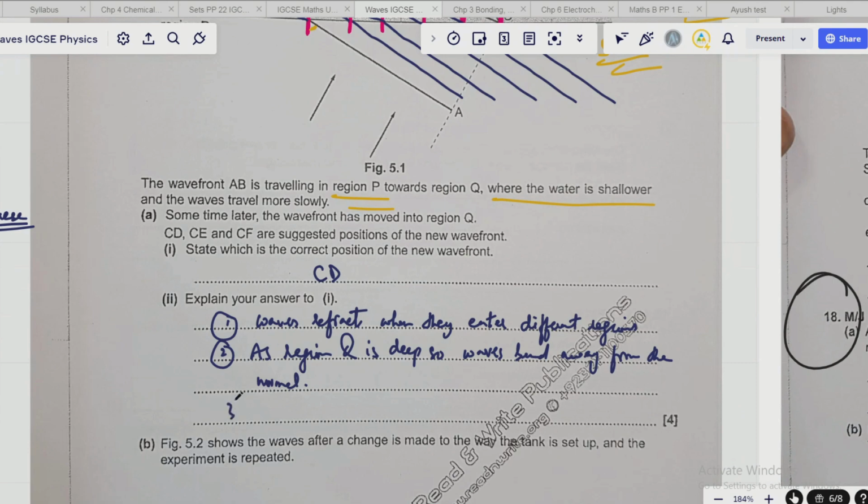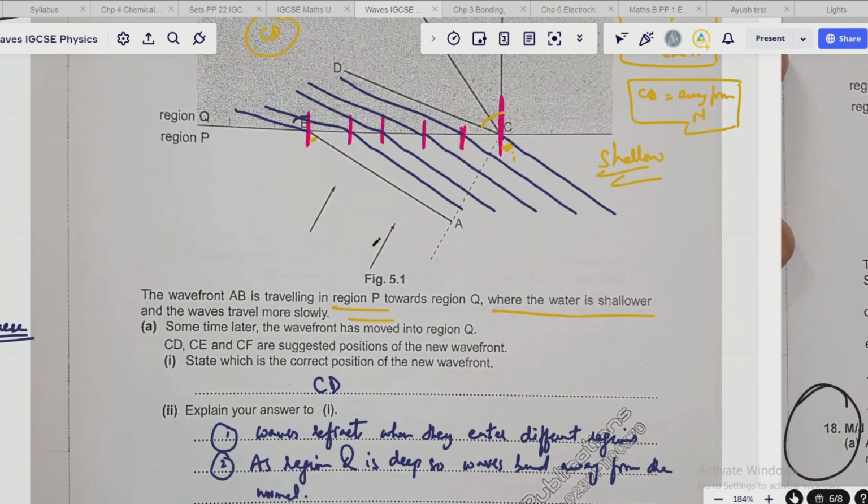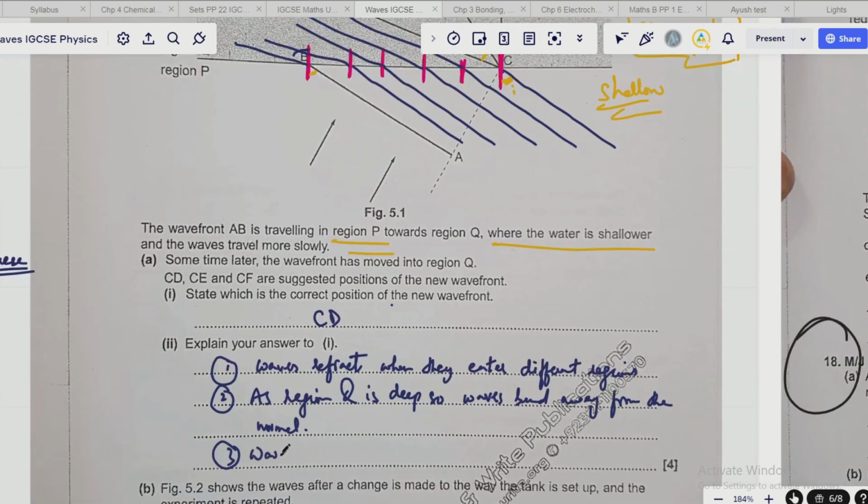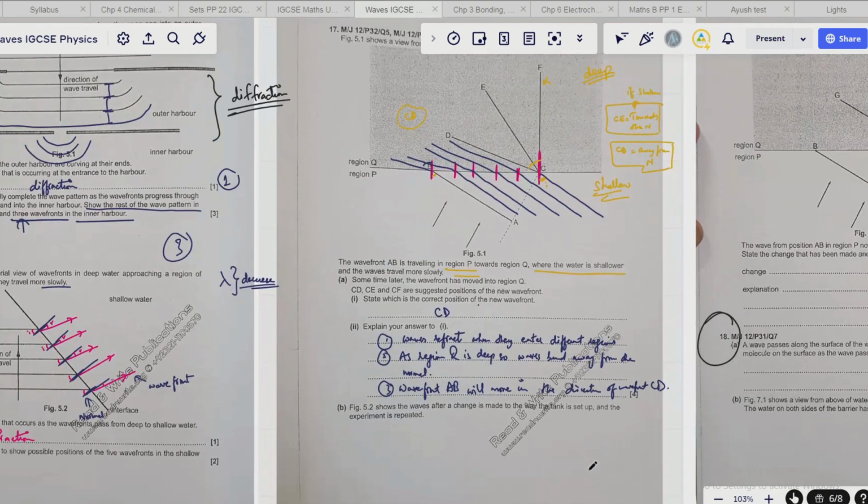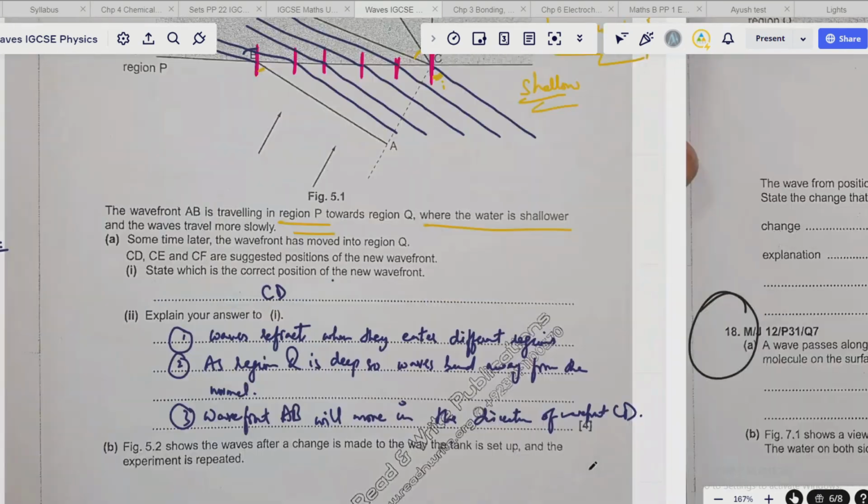So just simply say that the wavefront AB, this is AB, right? Just say that wavefront AB will move in the direction of wavefront CD. That's it. Okay. Understood? That's it. This would give you 4 marks. Any confusion over here?